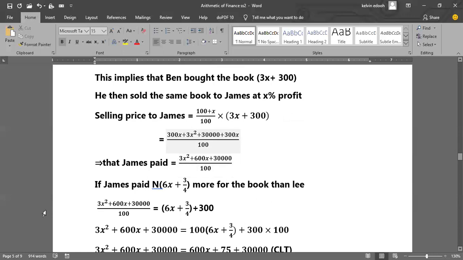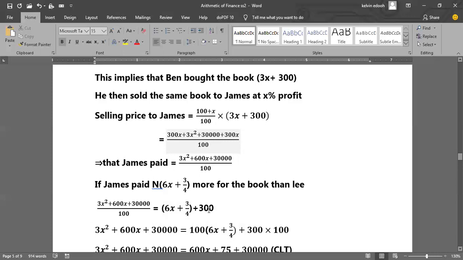Then we are told that Ben paid this much more for the book than Lee. Remember, Lee bought that book at 300. So Ben pays this more, this more plus what Lee bought the book for, which is 300.